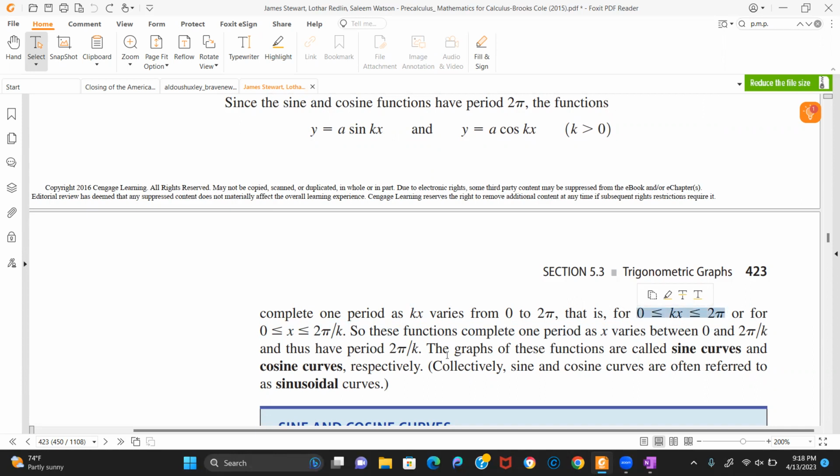But in this case, you can just divide by k. So this inequality right here is equivalent to this. What that says in conclusion is that these functions complete one period as x varies between 0 and 2 pi divided by k. So the period is 2 pi divided by k.